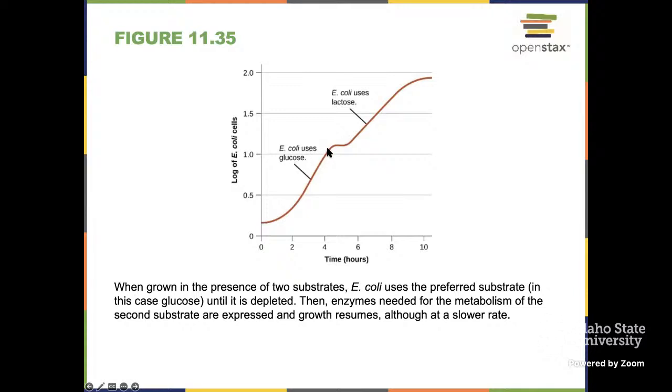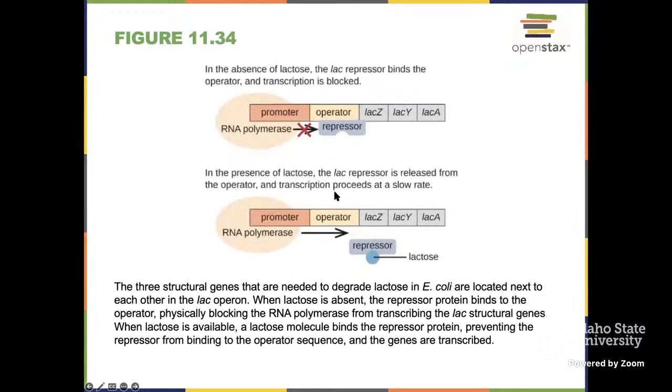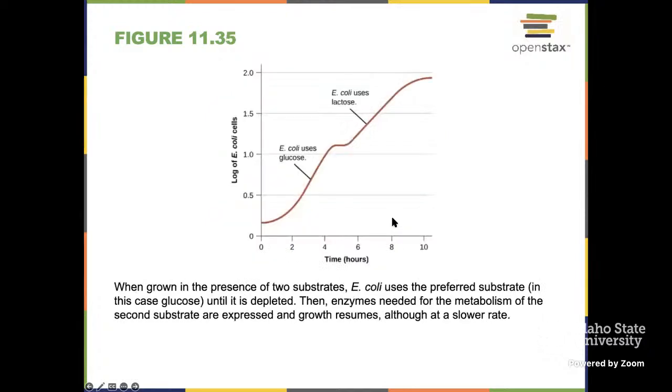In the first few hours, it pretty much uses up that glucose, and we see another kind of lag phase. This little bit that we see here is basically when we're needing to build these enzymes to use the lactose.